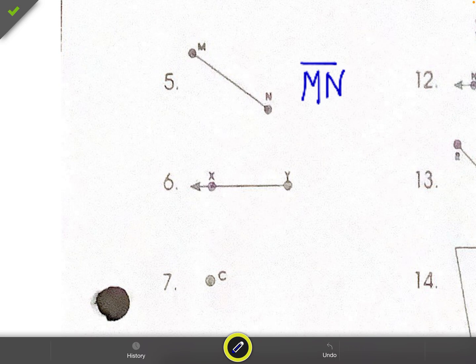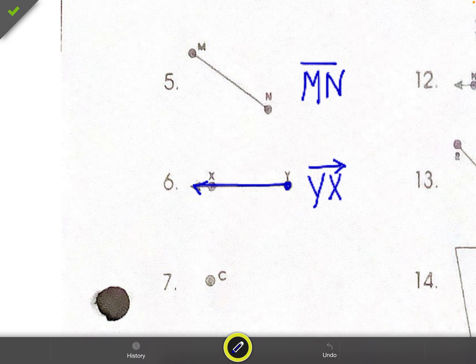Number 6, this is one of the new ones. I notice that it starts at Y, goes through X, and keeps on going. That indicates to me that it is a ray. So we say ray, and notice that my symbol always points to the right. Doesn't matter what your picture looks like, your symbol always points to the right. And it would be ray YX.